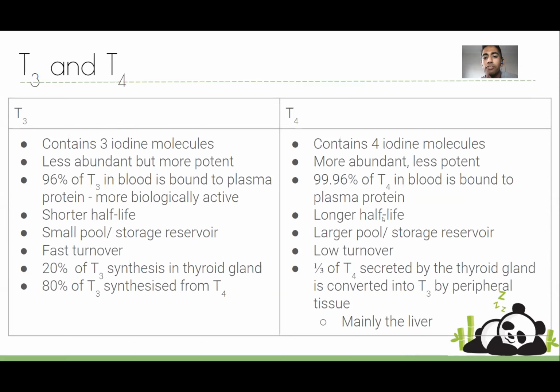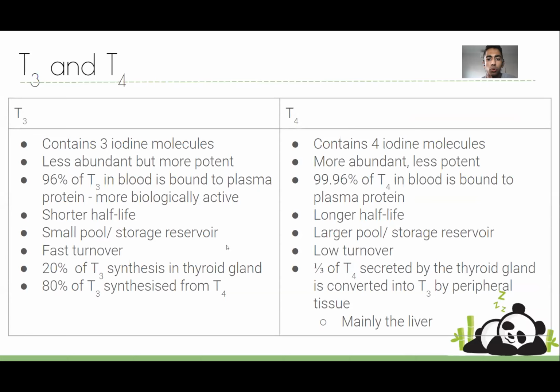Because a lot more of your T4 is bound to plasma proteins, a lot less of it is going to be excreted and processed, because it is sort of being protected by the plasma protein. So it's got a longer half-life. It'll take longer to break down in the body, whereas T3 will have a shorter half-life because it's more biologically active, since more of it is sitting unbound to plasma proteins.